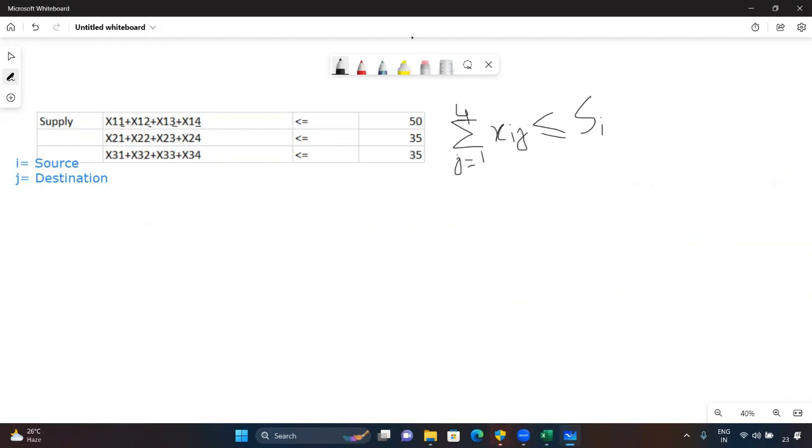What is xi? xi equals the capacity of source. So we have denoted the capacity of source as xi to formulate the mathematical model here, right? So these are nothing but the capacity of source.